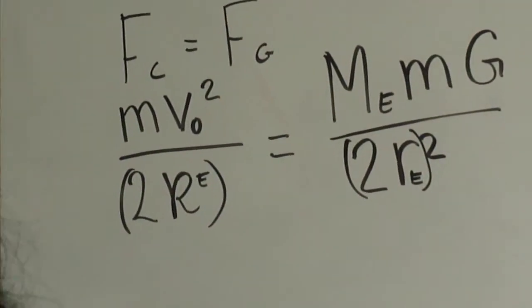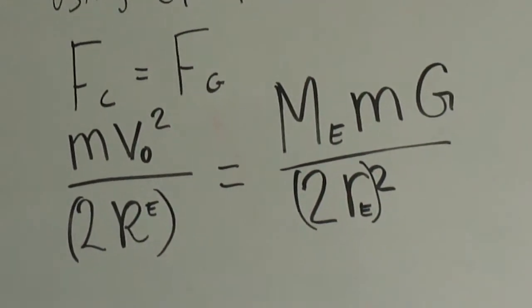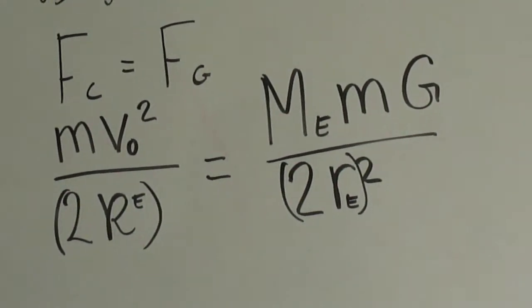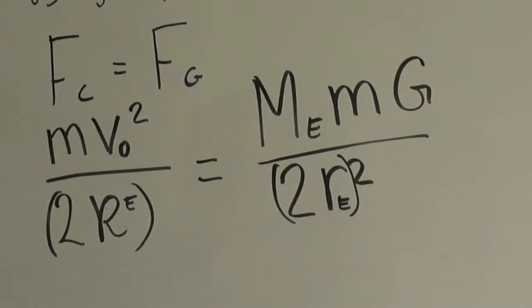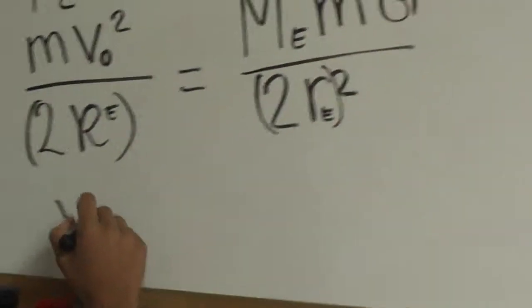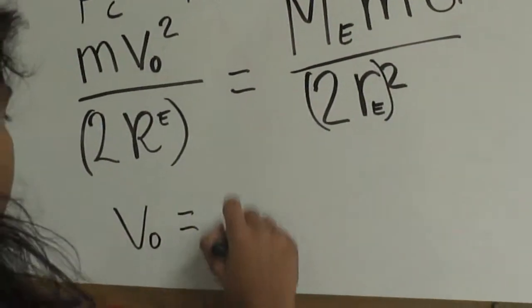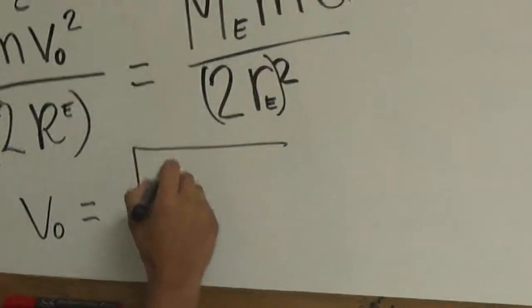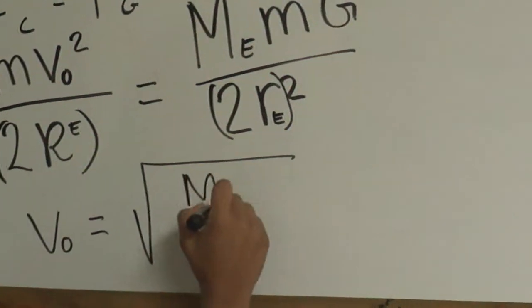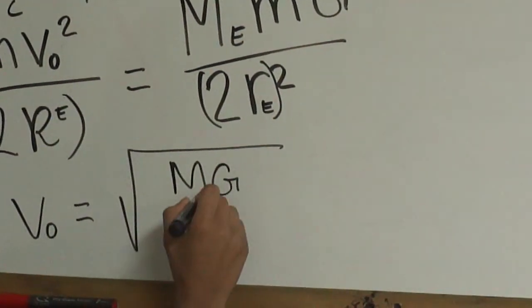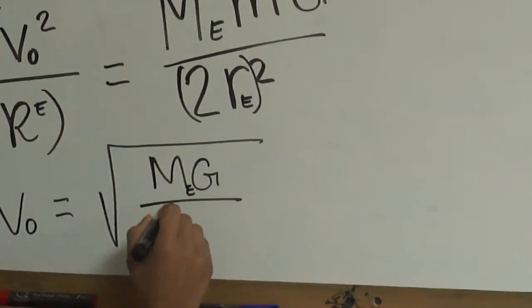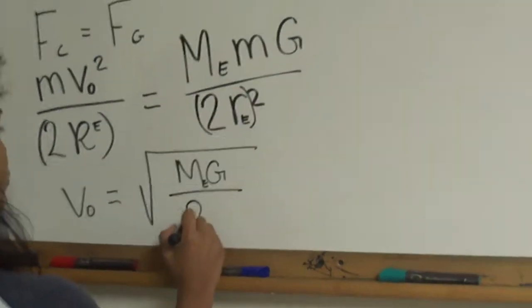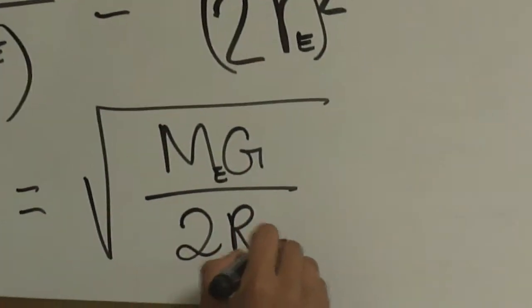Okay, and then using this, we just solve for v initial. V initial is equal to the square root of MG all over 2r.